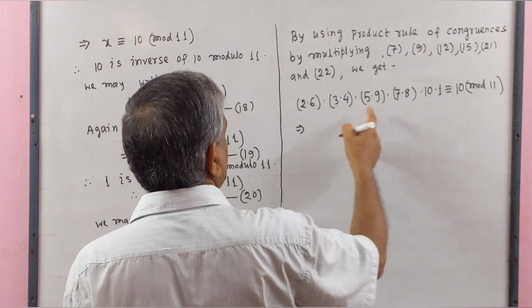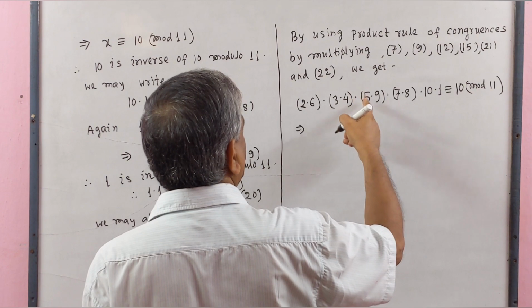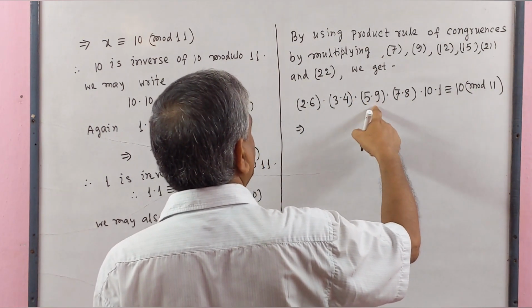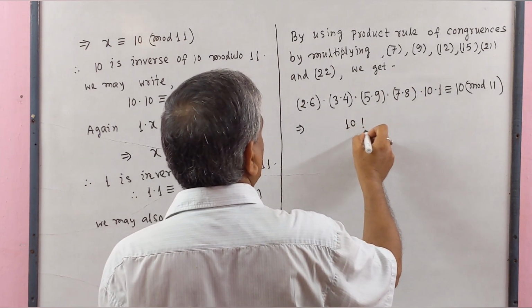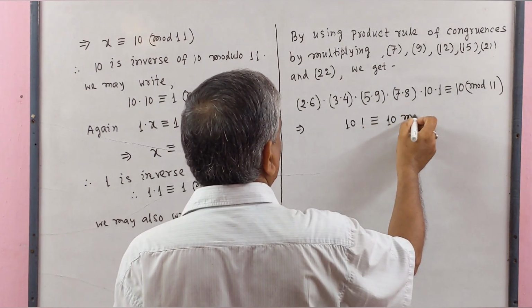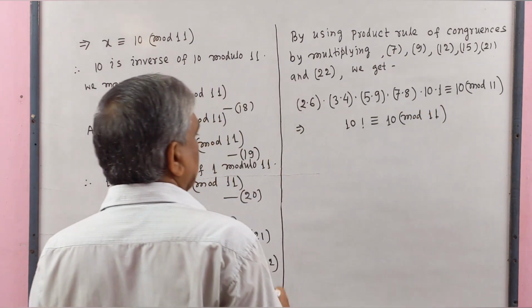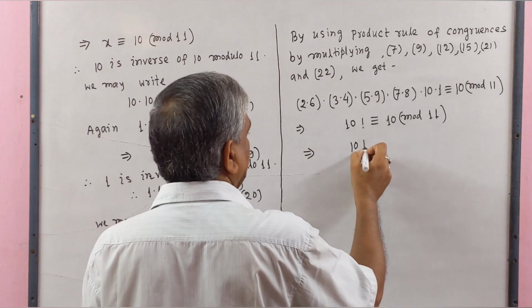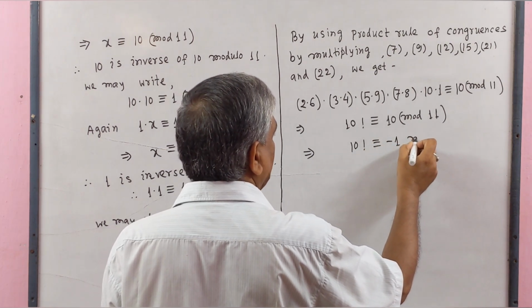This implies that 1 multiply 2 multiply 3 multiply 4 multiply 5 multiply 6 multiply 7 multiply 8 multiply 9 multiply 10. That means factorial 10 is congruent to 10 modulo 11. We may also write this as factorial 10 is congruent to minus 1 modulo 11.